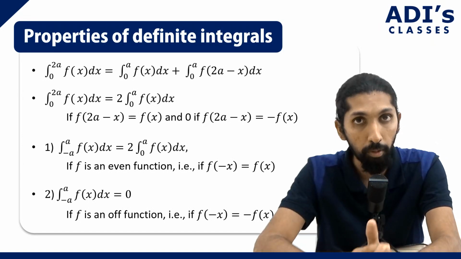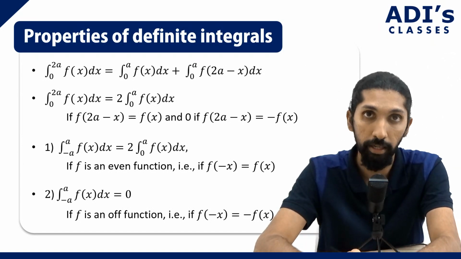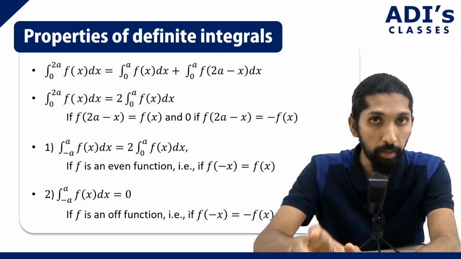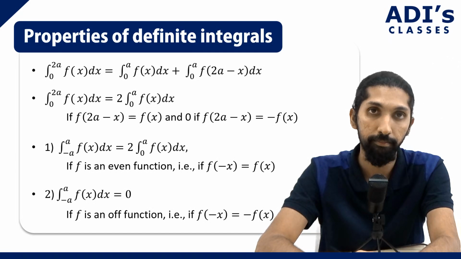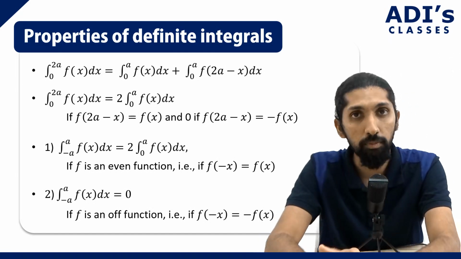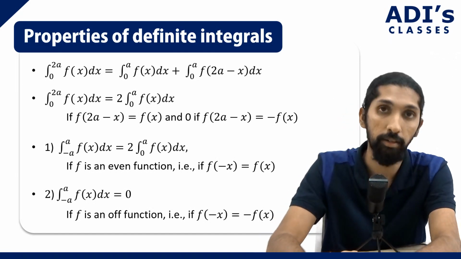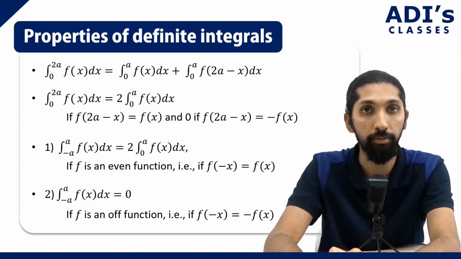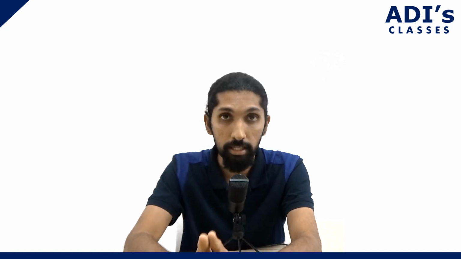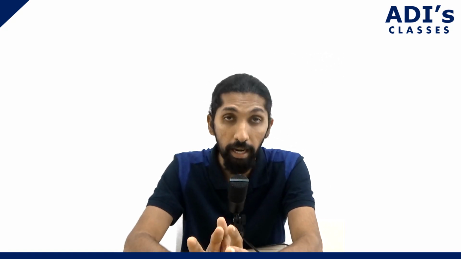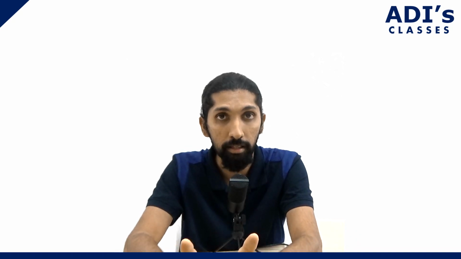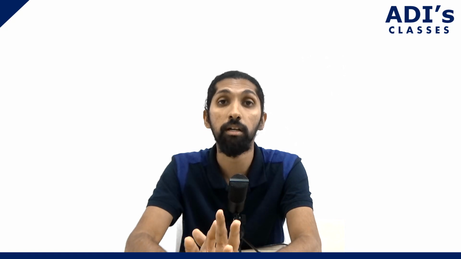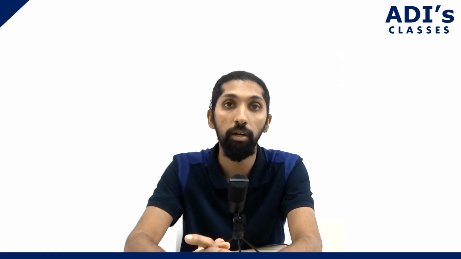See, these are certain properties of definite integral, correct? Next, you had solving problems based on these properties, isn't it? Now, these are the things you have in definite integrals and whatever you had studied in the couple of previous videos, right? So this summarizes the entire chapter of integration, that is part of indefinite and part of definite. So this concludes the chapter called integration.